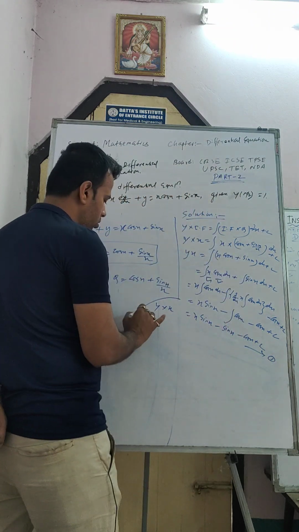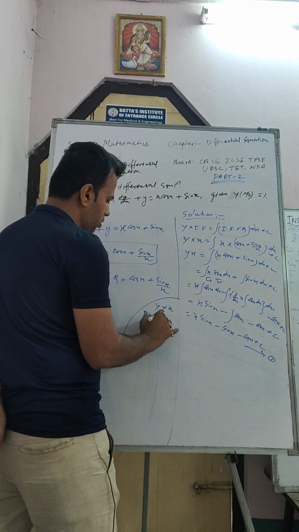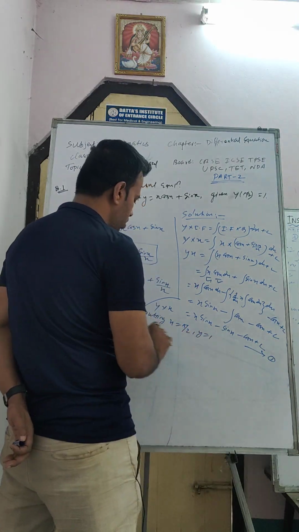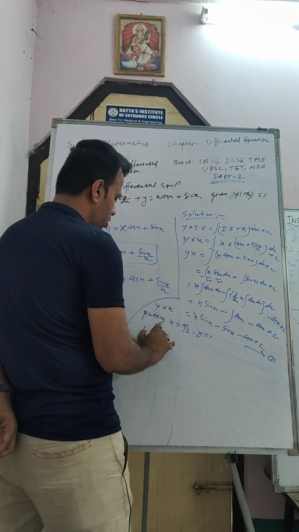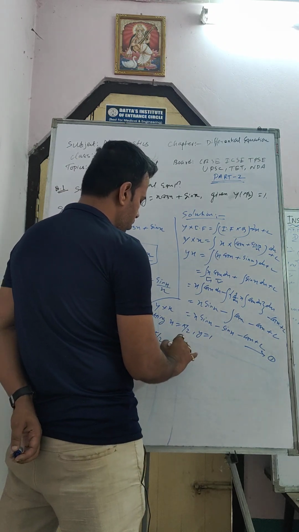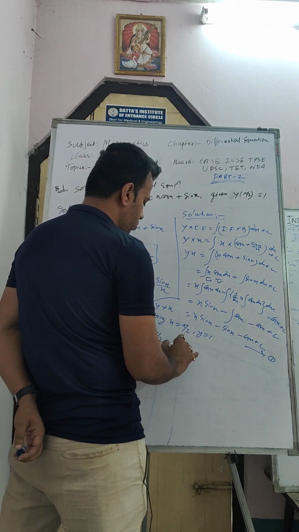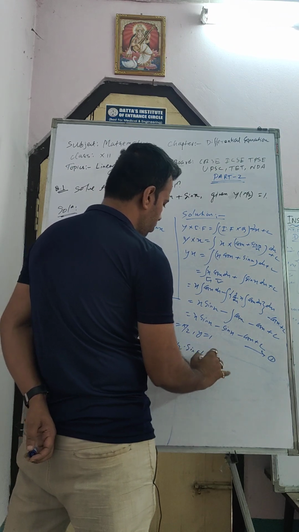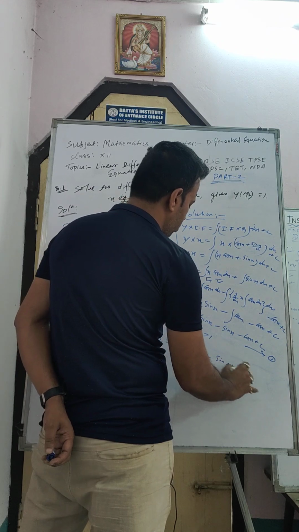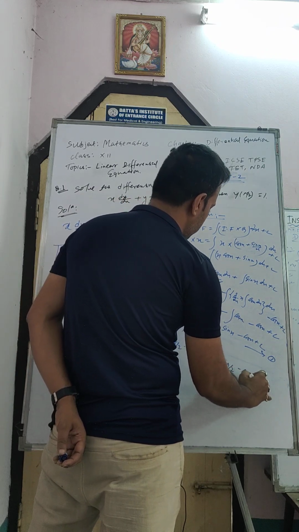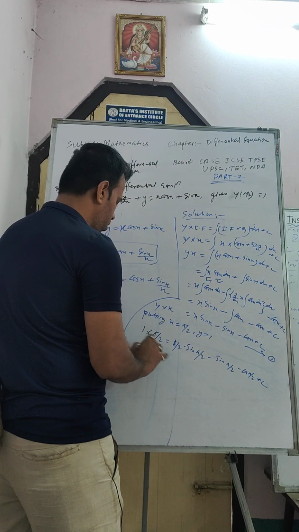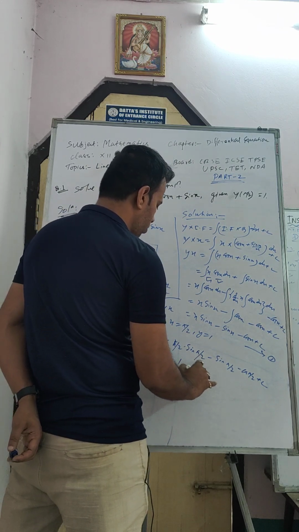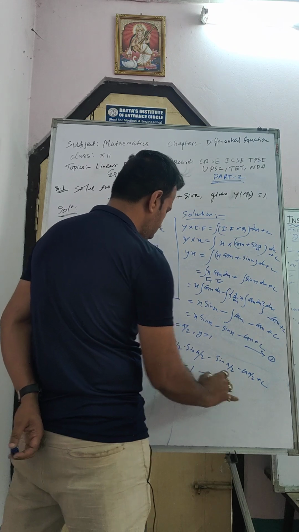Now we have to put x equal to pi by 2, y equal to 1. So 1 times pi by 2 equals pi by 2 into sin pi by 2 minus cos pi by 2 plus c. So pi by 2 equals pi by 2 into 1 minus 0 plus c.